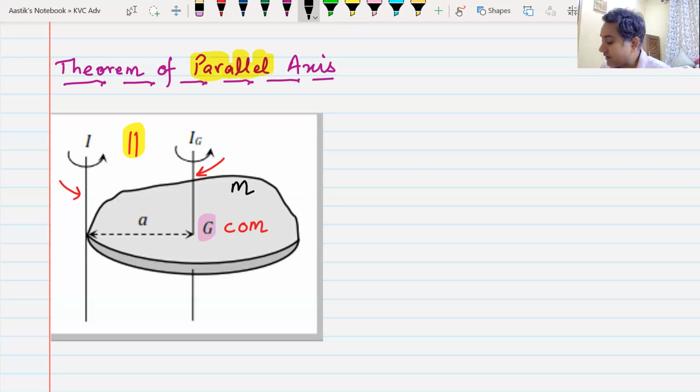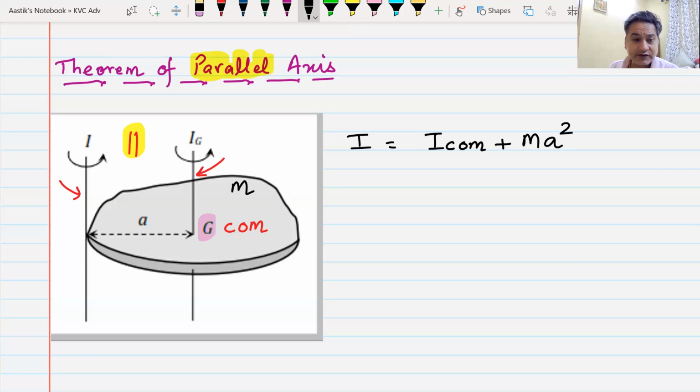The theorem of parallel axis says that the moment of inertia about this parallel axis will be equal to the moment of inertia about the center of mass plus m into a square. What is m? What is a? M is the mass of the body, a is the distance between the two axes which are parallel.